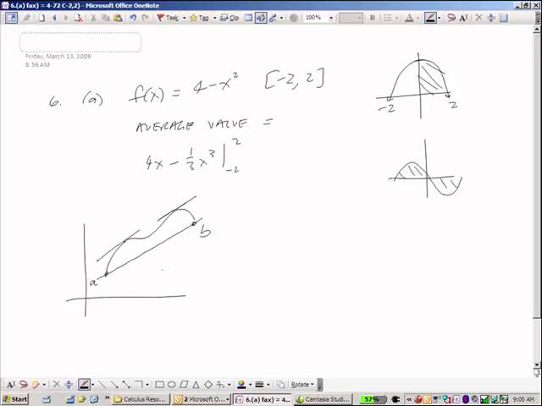So on that interval, the average rate of change, there's another point that actually has that instantaneous rate of change. Is that okay?